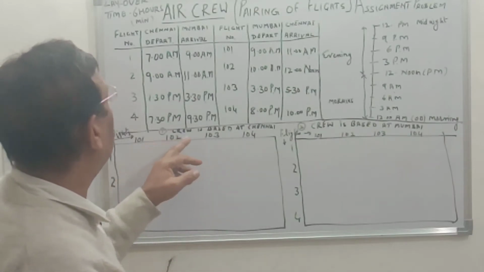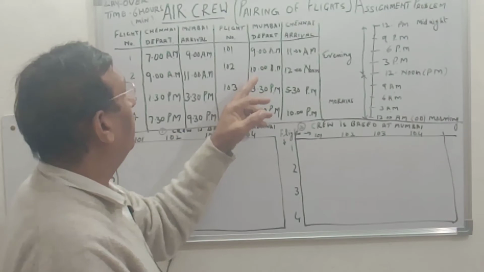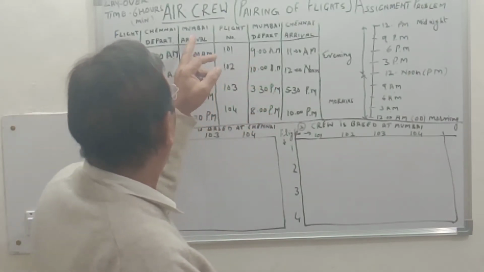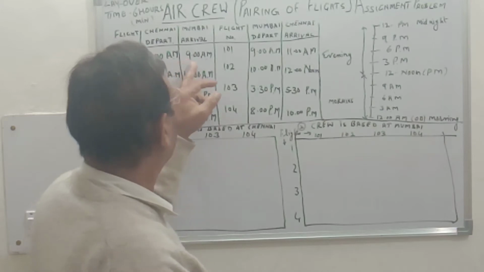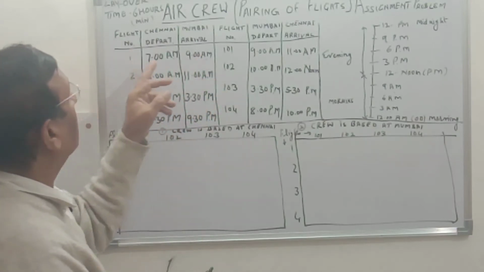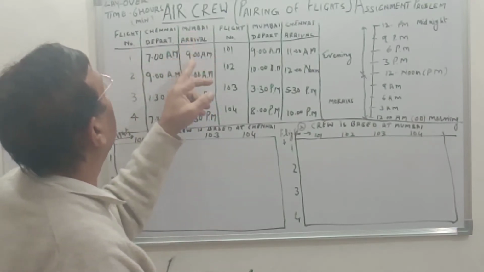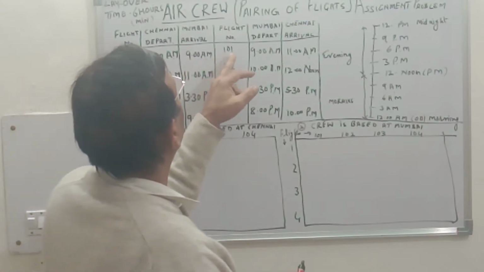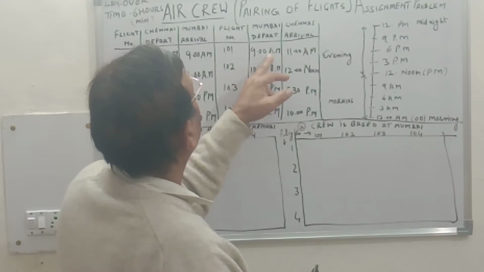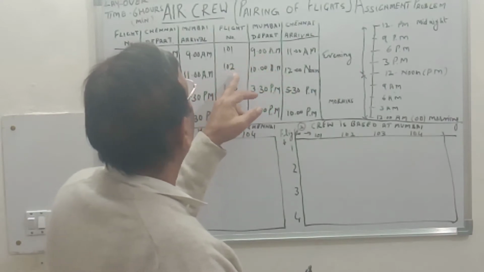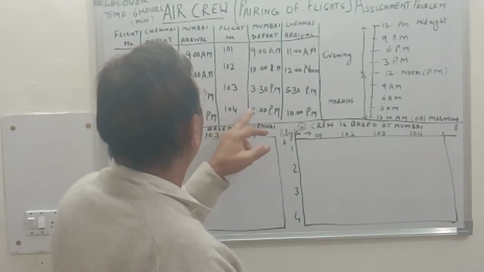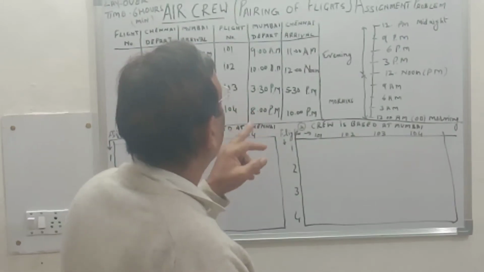So crew is based at Chennai, then we have to calculate the time at Mumbai. Say first flight arrival is at 9 a.m. Then it will depart as flight 101 at 9 a.m., as 102 at 10, as 103 at 3:30, as 104 at 8.